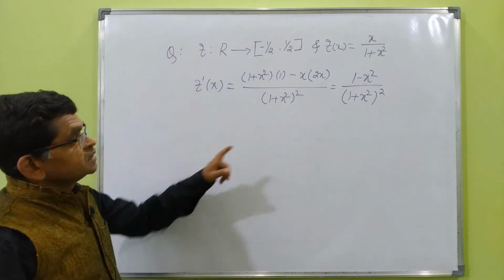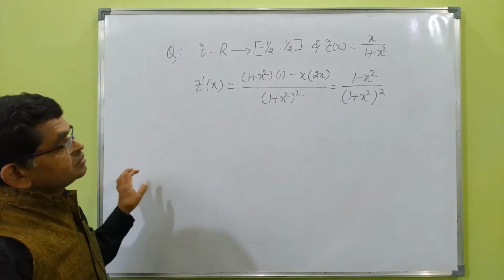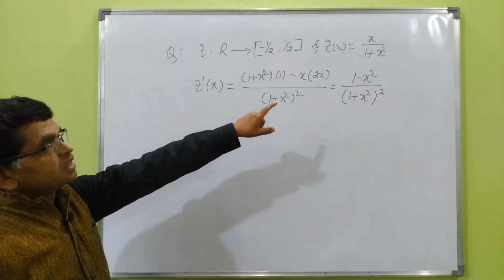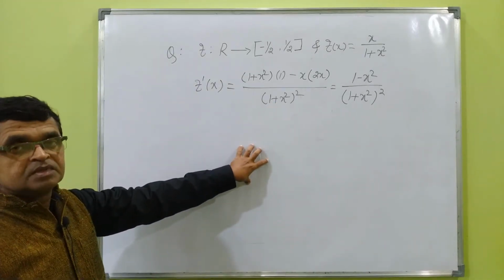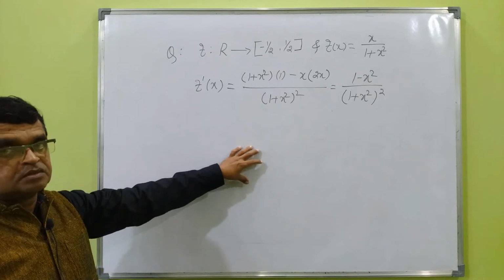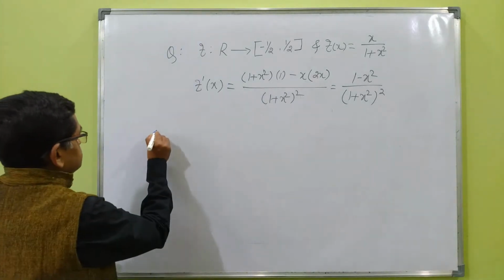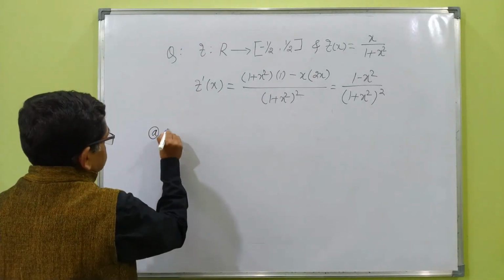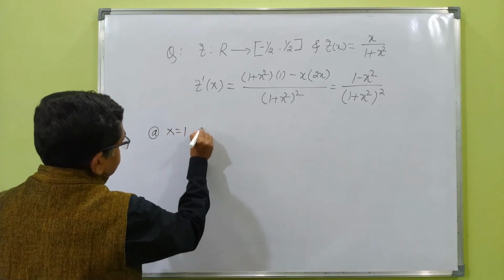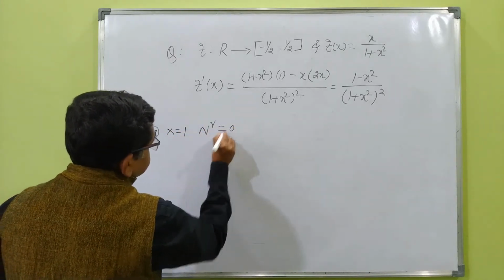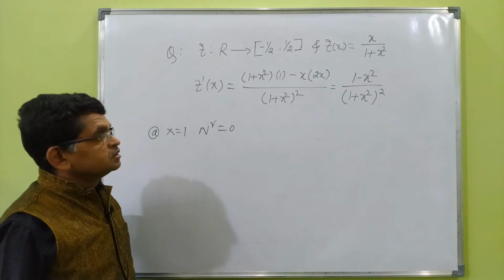Now the numerator, when x is 1, the numerator will be 0. So at x equal to 1, the numerator is equal to 0, isn't it?